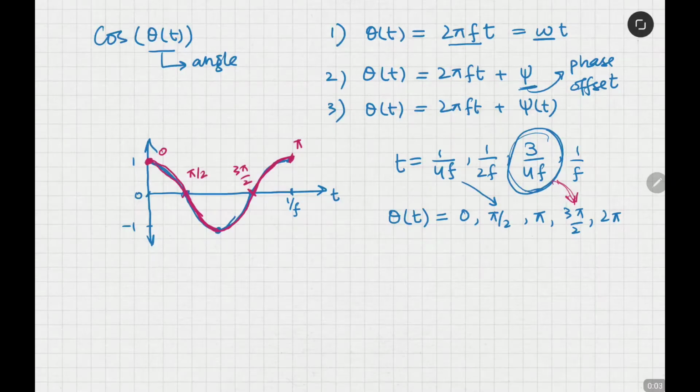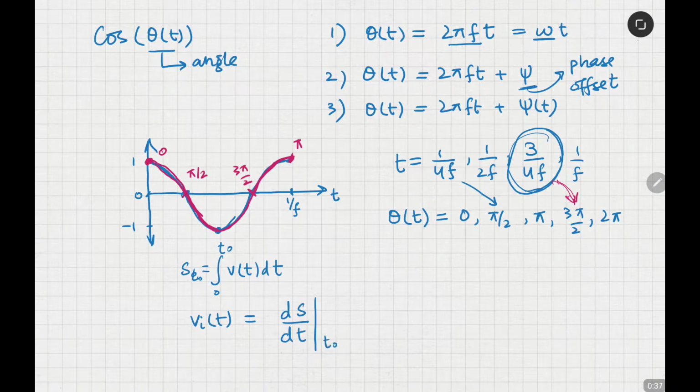Similarly, I can turn this around and find frequency from phase. If you remember what we did with velocity and distance, the distance from 0 to t naught is given by the integral from 0 to t naught of v of t dt, and instantaneous velocity was given by ds divided by dt at a particular time, let's say t naught.